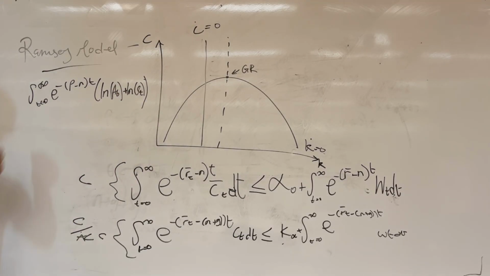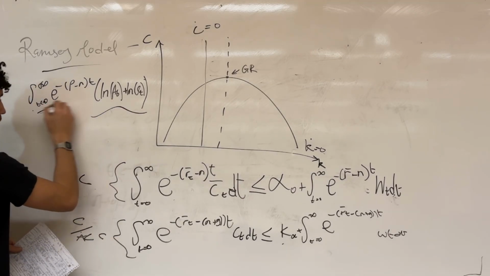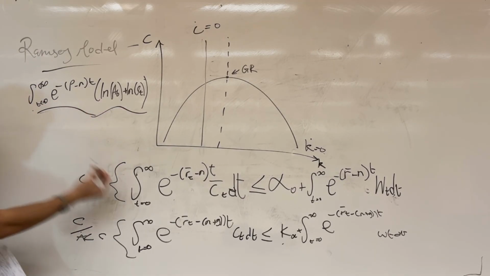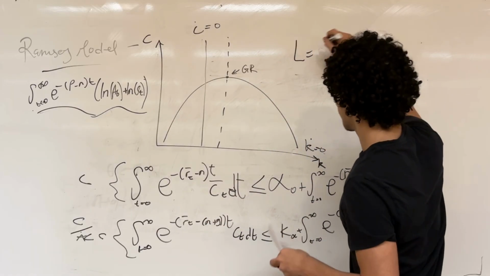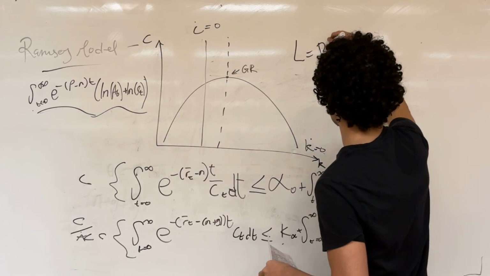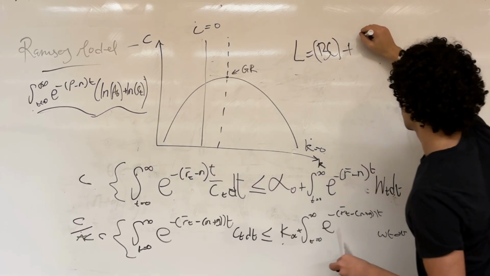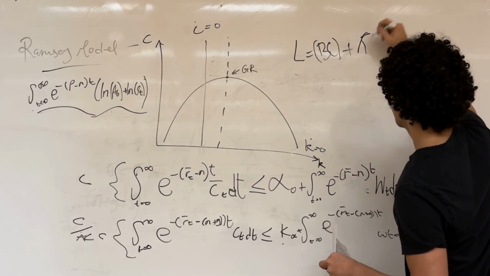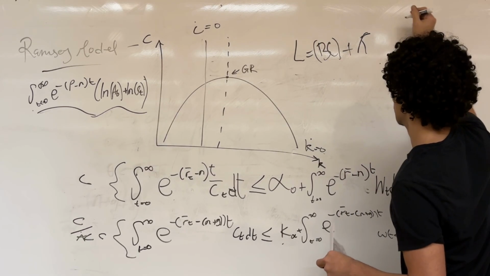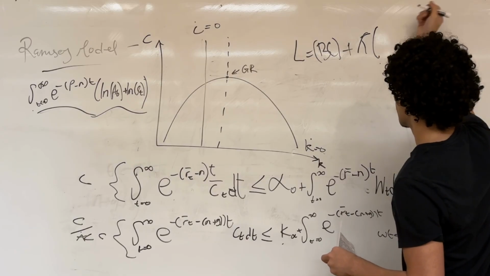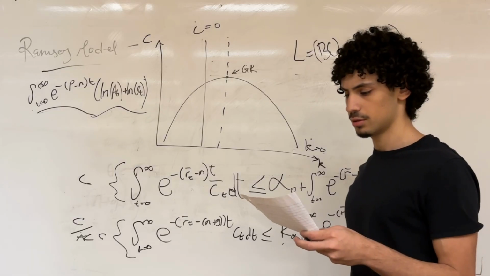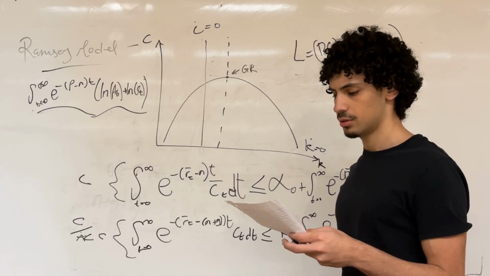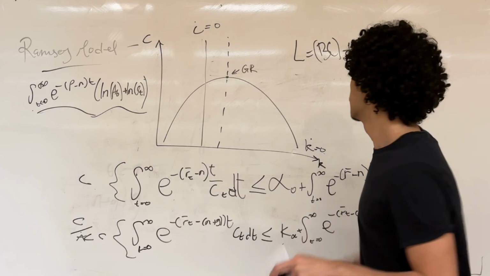Okay. So this equation and this equation give us the Lagrangian. And the Lagrangian is basically just the BC plus lambda times the RC. Okay.